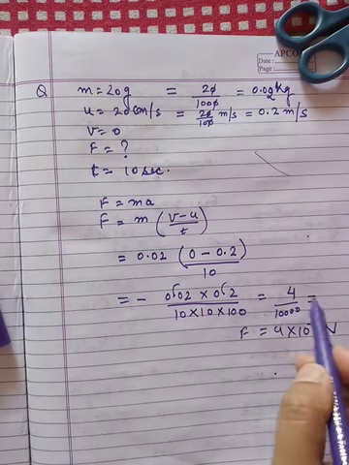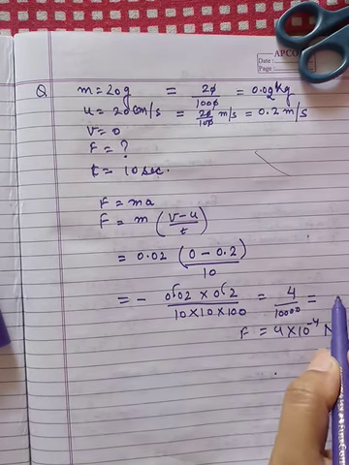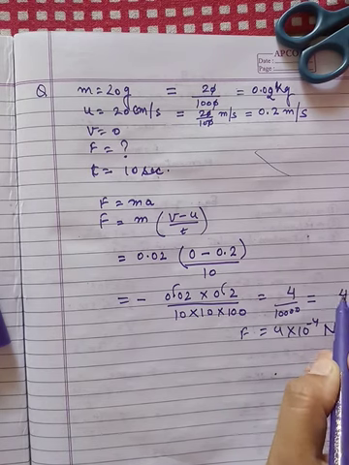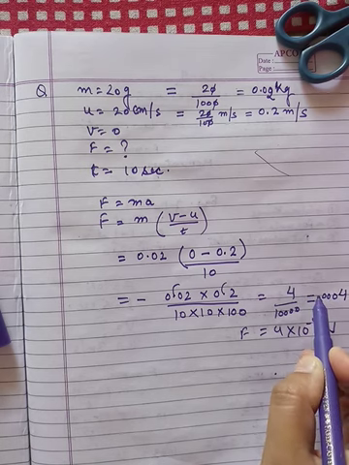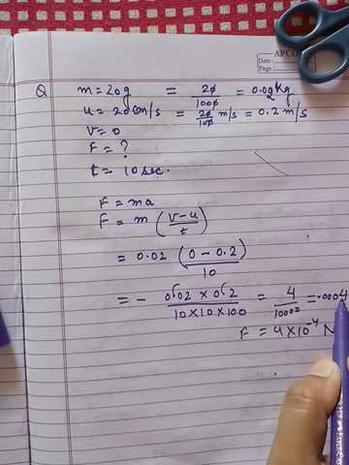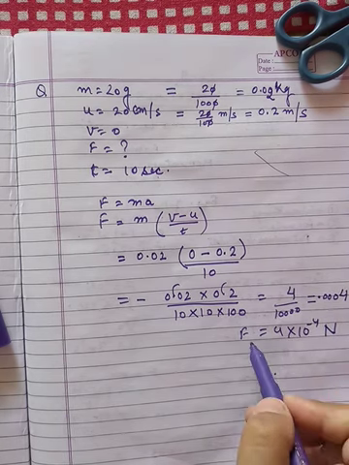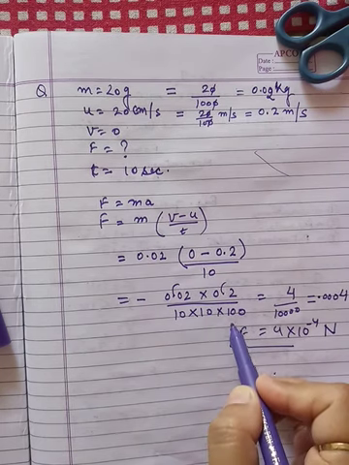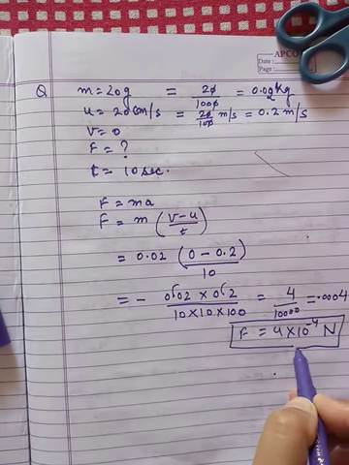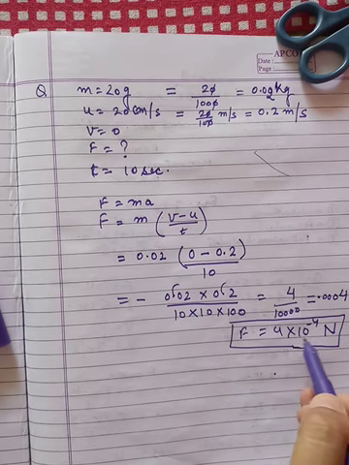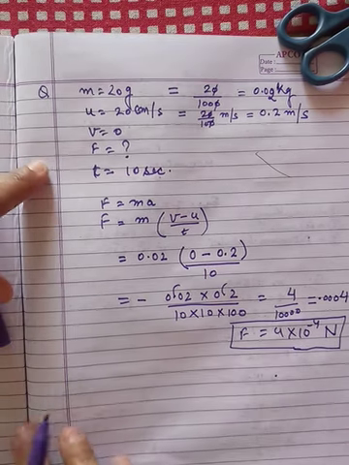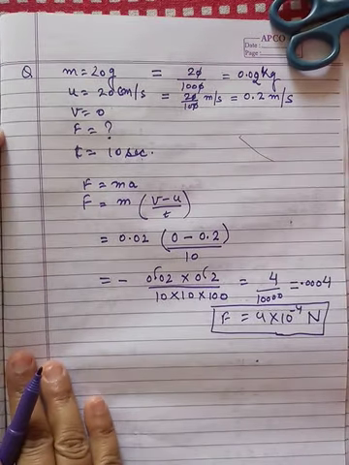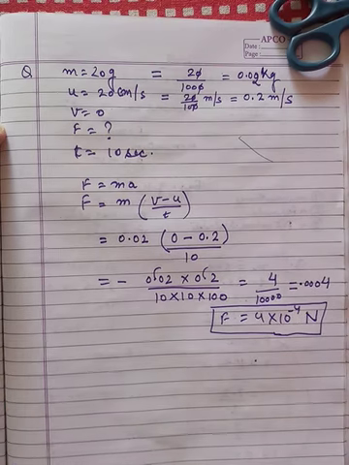According to decimals, 4 digits after the decimal point: 0.0004 Newton. This is the best way to write it in standard form. This we should know. In mathematics you must have studied writing in this form. Okay, so in this manner we can solve questions based on force.